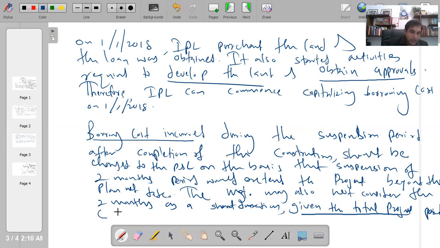Write down. Remember, short or long is purely a judgment of the management. Okay, so these are the important things to be written.